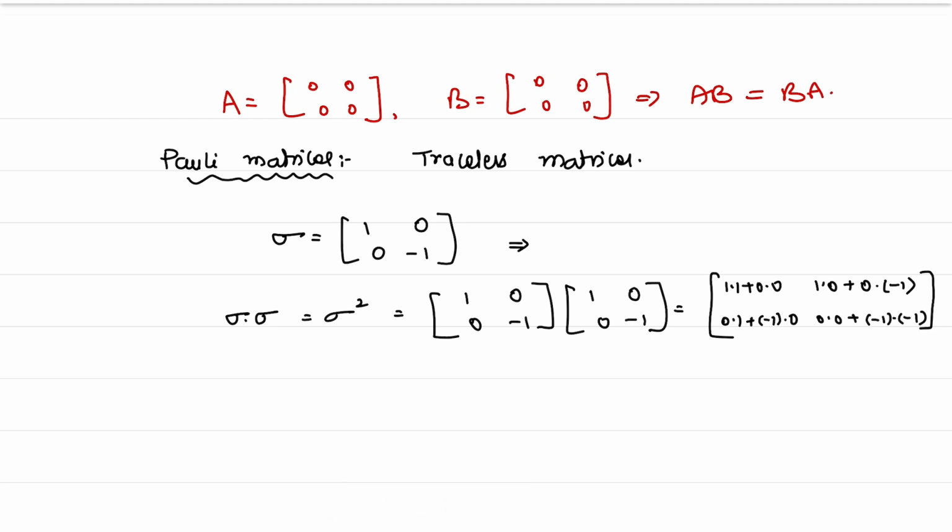If you do it, sigma square is equal to 1 plus 0 is 1. 0 plus minus 0 is 0. 0 minus 0 is 0. This 0 minus 1 into minus 1 is plus 1. That is I. That means the square of the Pauli matrix is a unit matrix or an identity matrix.